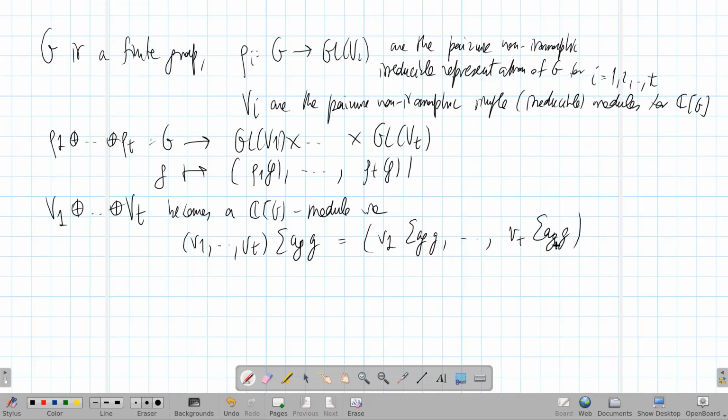And remember, in the first description with representations, this is rho_1 of g and this is rho_T of g.